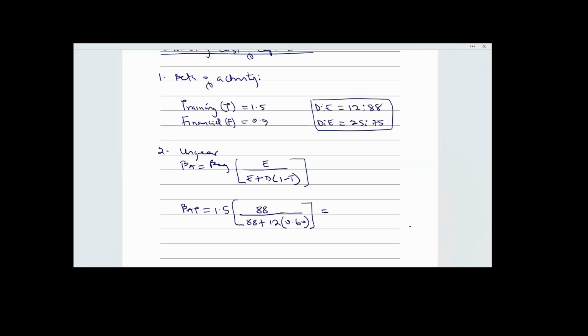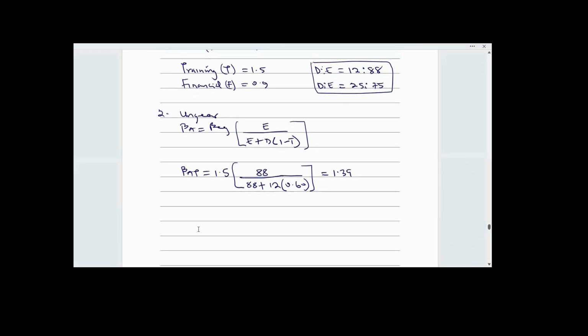For training, I'll bring up my calculator: 0.6 multiplied by 12, plus 88, equals 95.2. So 88 divided by 95.2, multiplied by 1.5, equals 1.39. So that's the beta asset of training.